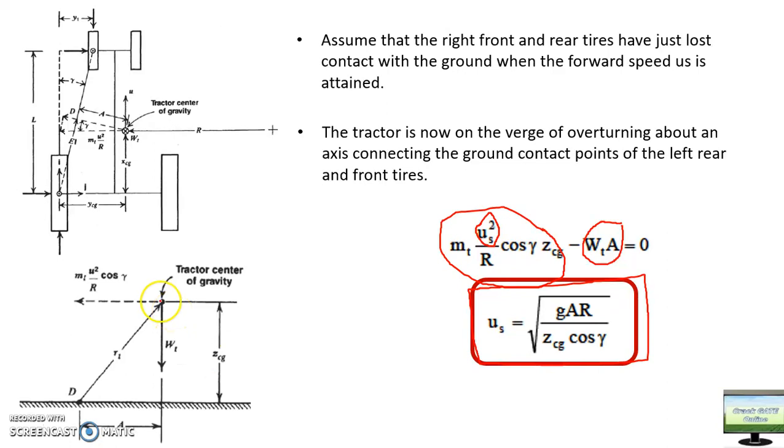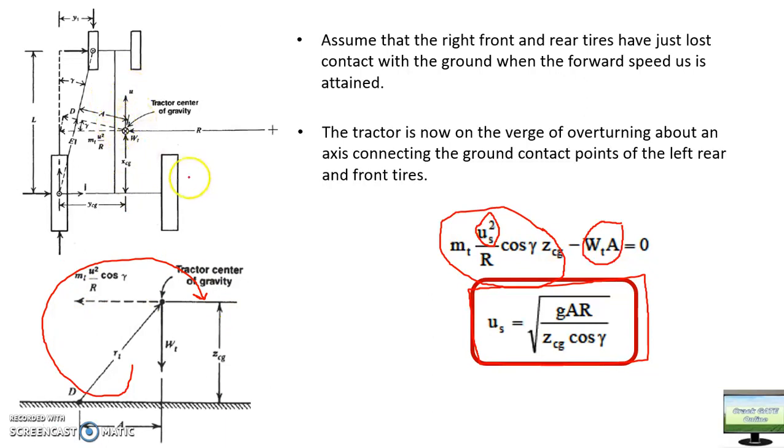Okay, so basically what is happening, if you take a moment about point D, this WT will try to rotate it in this direction, clockwise direction. Okay, and the perpendicular distance is A. So WT into A will try to rotate the system in this direction.